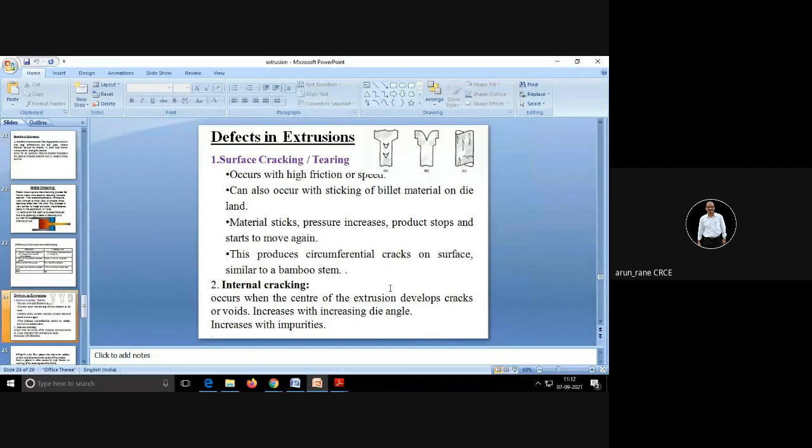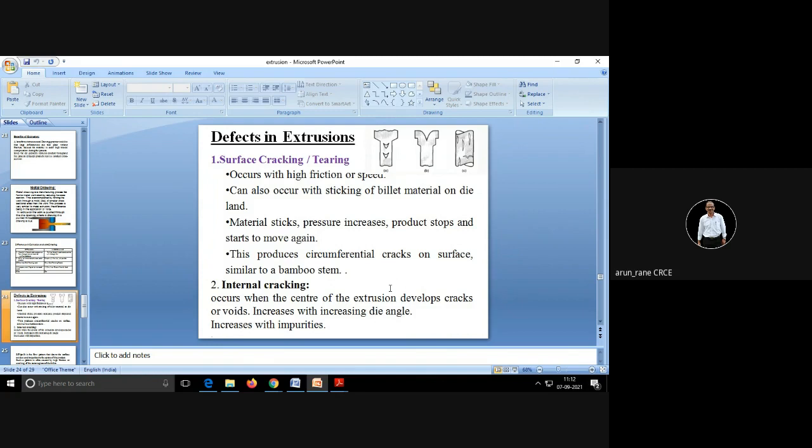There are defects in extrusions, like we have seen defects in casting and defects in forging. Similarly, you have defects in extrusions. All are important, but casting defects are especially important from the examination point of view. That is a popular question of the examiners.